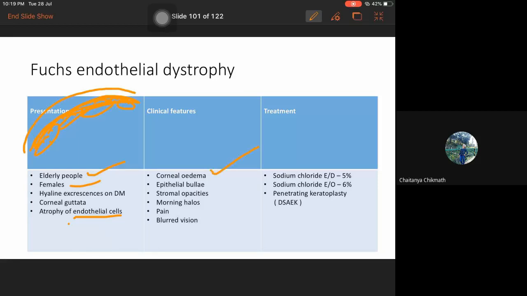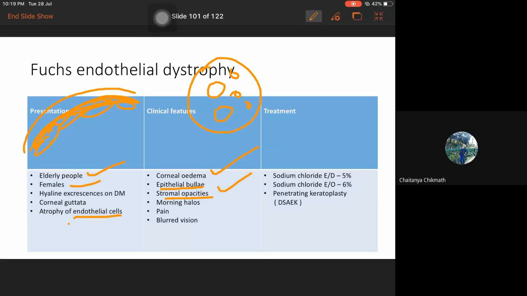Whenever there is corneal edema, the patient will develop corneal bullae. Bullae are nothing but a collection of fluid, because of the fluid which comes from the posterior side. Anteriorly, when it comes near the epithelial cells, that will form vesicles. And when the edema damages the lamellae, that causes stromal opacity.